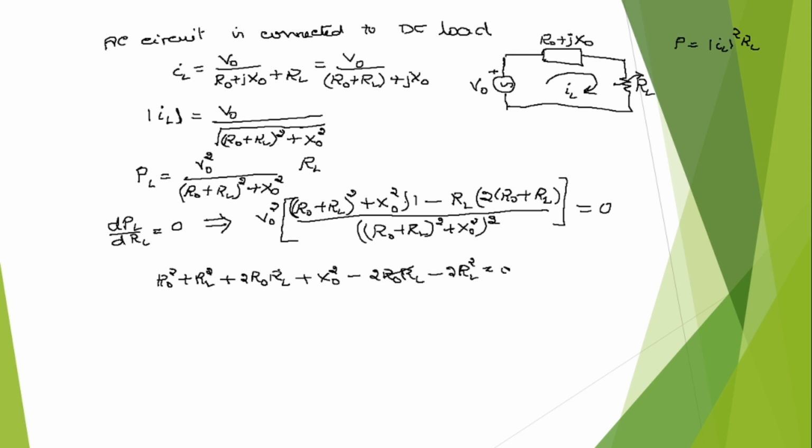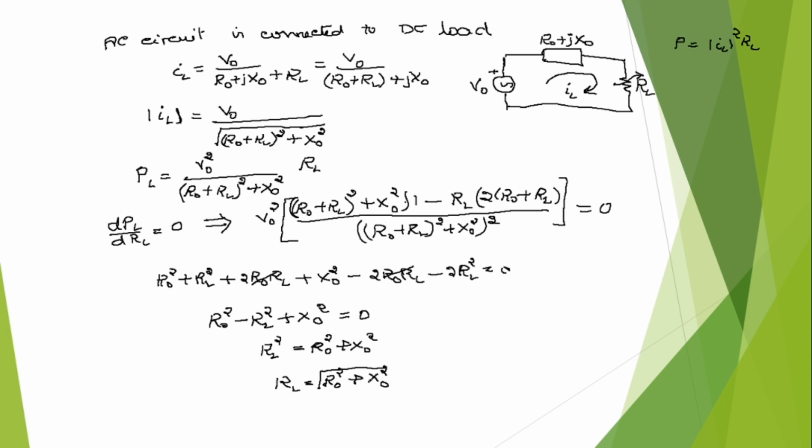So 2 R naught RL, 2 R naught RL gets cancelled. So we will get R naught square minus RL square plus X naught square equal to 0. So from this RL square equal to R naught square plus X naught square. So RL is square root of R naught square plus X naught square.